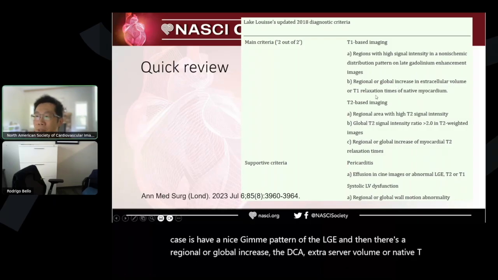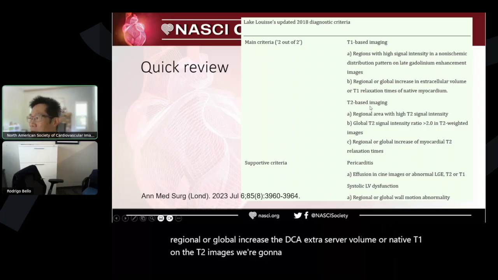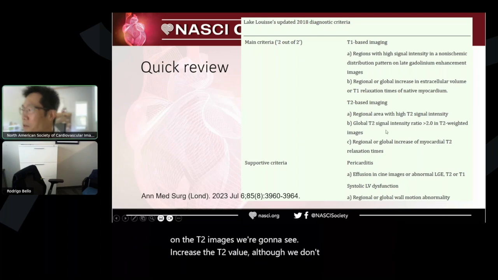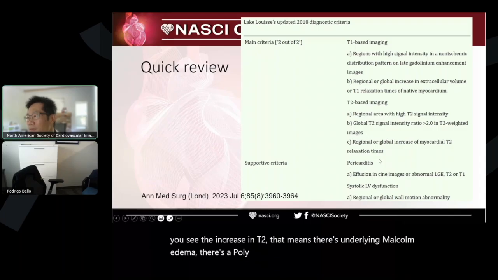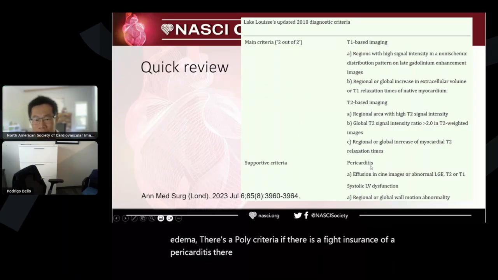On the T2 images, we're going to see increased T2 value. Although we don't have that here, if you see increased T2, that means there's underlying myocardial edema. There are supporting criteria if there are findings of a pericarditis, or a regional motion abnormality.